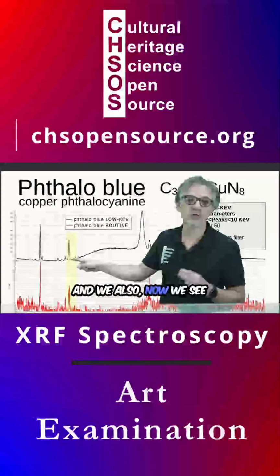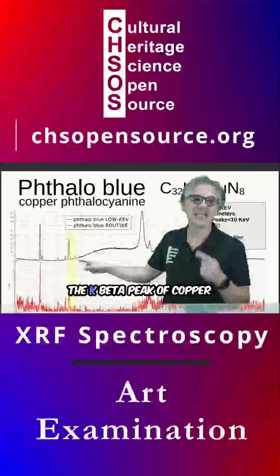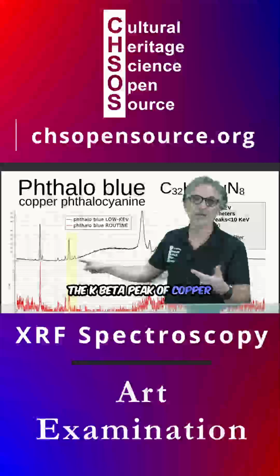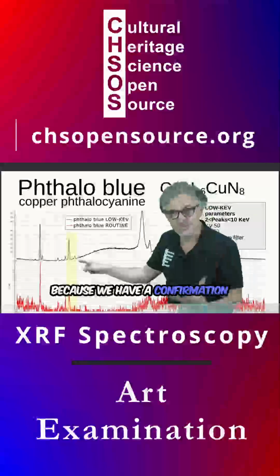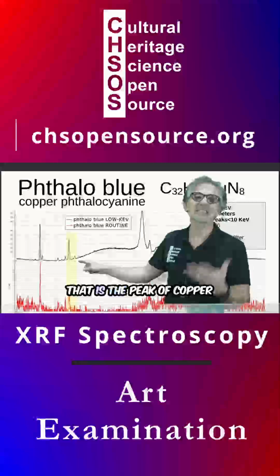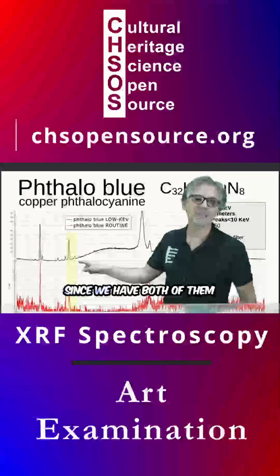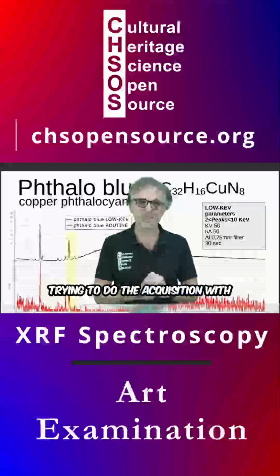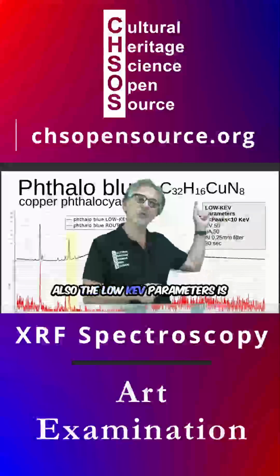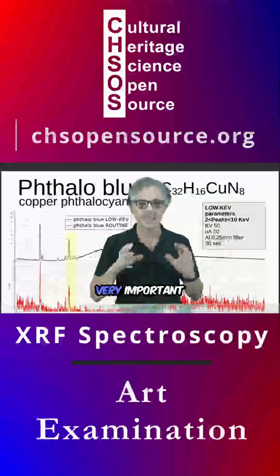We also now see the K beta peak of copper. This is very useful because we have a confirmation that it is the peak of copper, since we have both of them. Bottom line, trying to do the acquisition with the low keV parameters is very important.